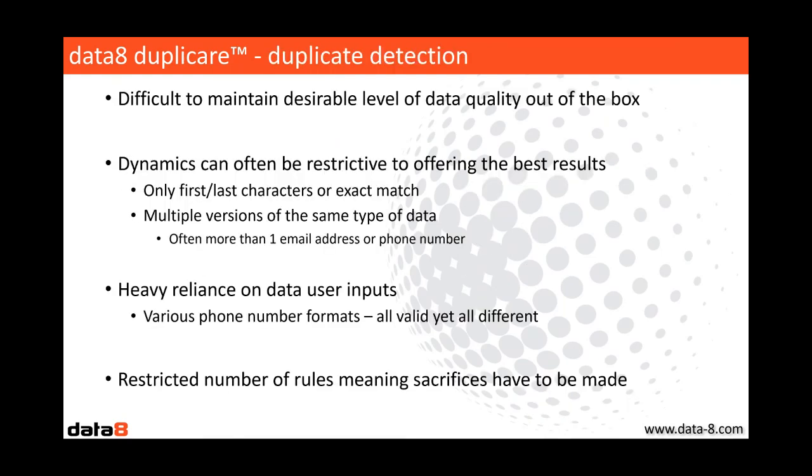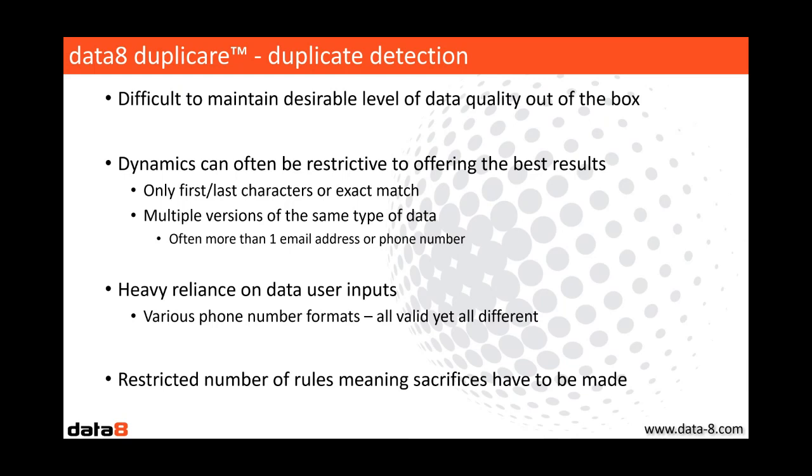So this is where we were really coming from: with these tools, it's really difficult to do what you need to do with your data to keep it at the quality level that most people are really looking at. It's very reliant on the user putting in data in the right way for the rules to work properly. We were looking at exact match rules. A common one we see is University of Southampton versus Southampton University.